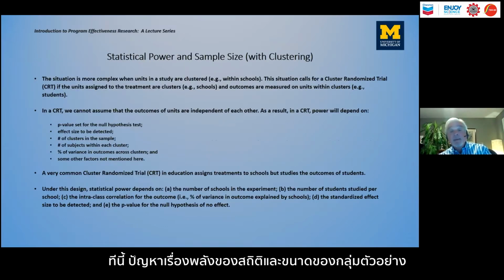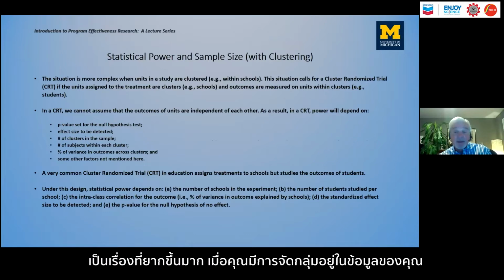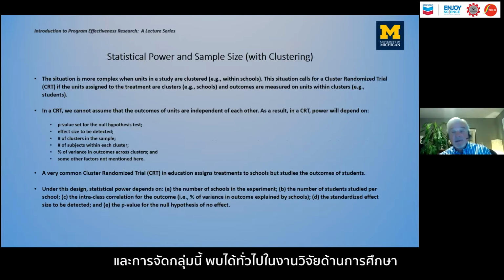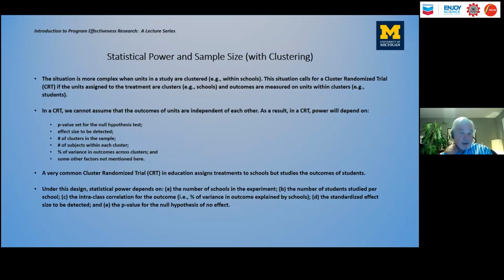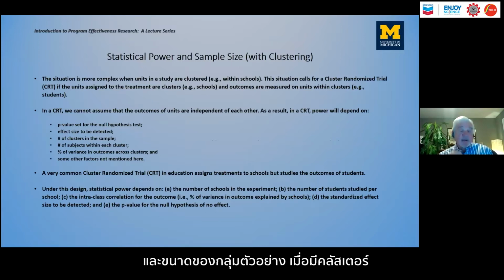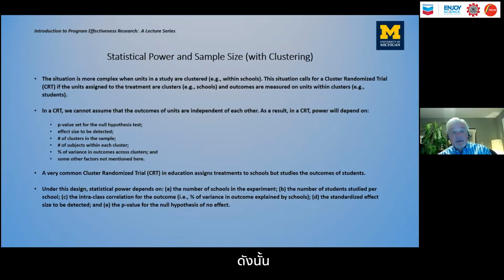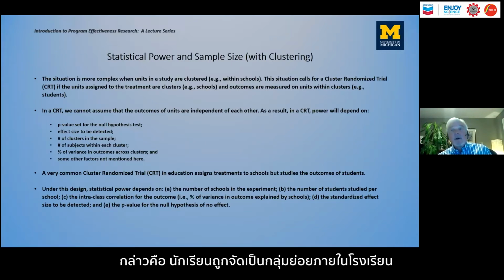Now, the problem of statistical power and sample size is much more difficult when you have clustering in your data, and clustering is omnipresent in education research. So I'm going to just briefly discuss power and sample size calculations when there's clustering. So many times in education, the units that we want to study, say students, are clustered within schools.